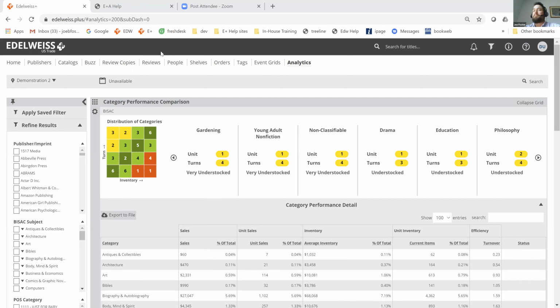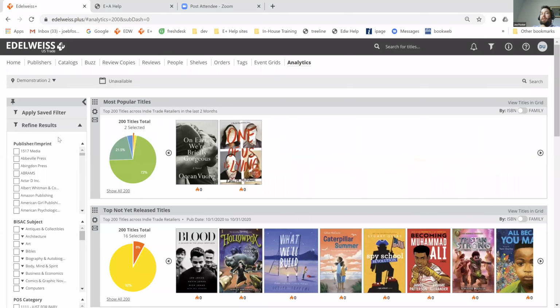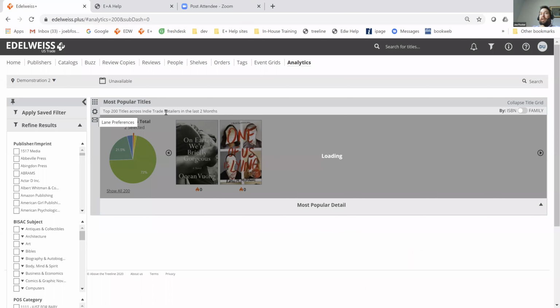So when you were looking at the analytic data for a particular section, and it had three things right together, like, this is what percentage of the world has bought this book. I assume it's my local area that it's talking about. That depends on how you have things set in the market. I'll show you here. So right now this is showing indie trade retailer.